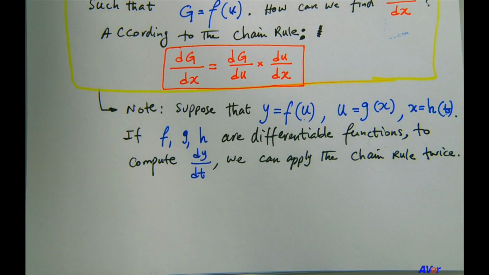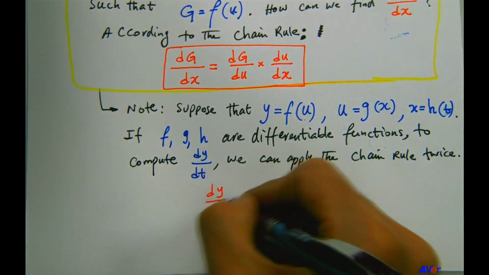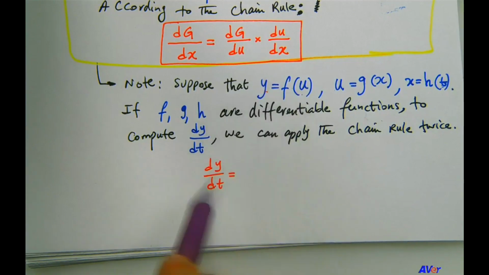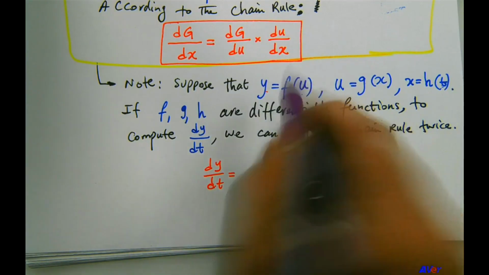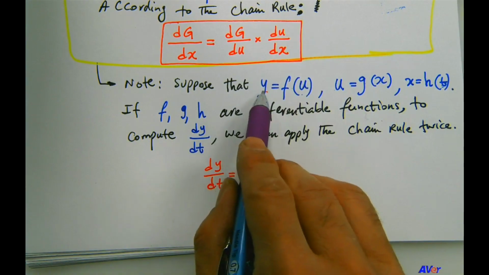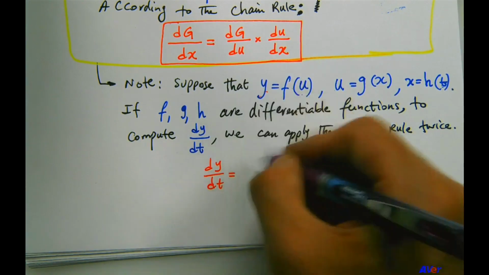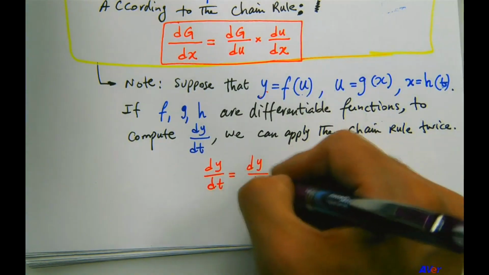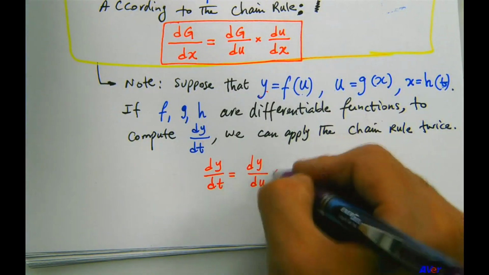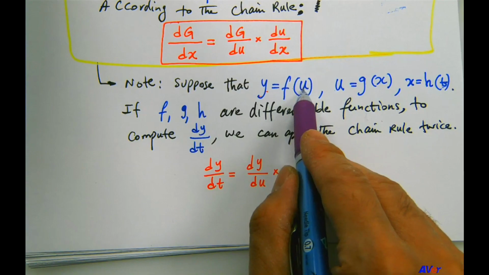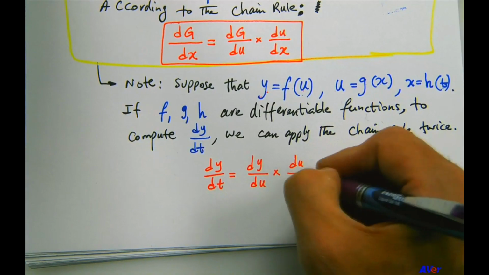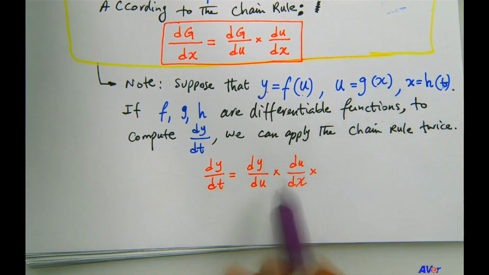So we'll have dy/dt is equal to, because y is not directly a function of t, first we take the derivative of function y with respect to variable u, dy/du, multiplied by the derivative of function u with respect to x, du/dx, then multiplied by dx/dt.